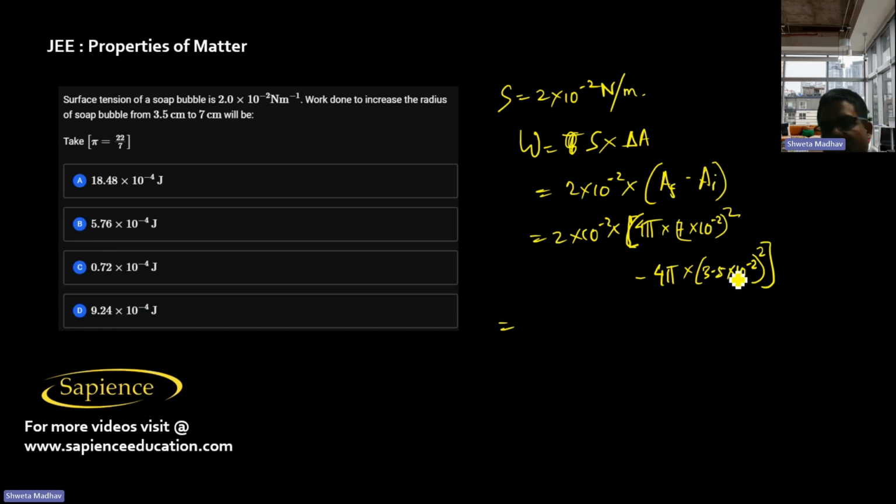So 4 pi into 10 power, this is 8 pi into 10 power minus 2.